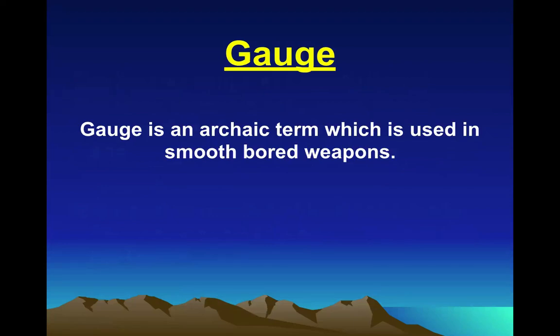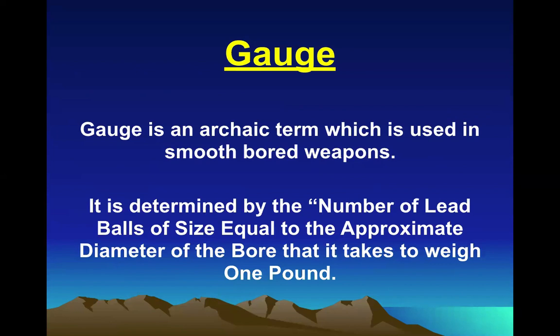Now the gauge. Gauge is an archaic term which is used in smoothbore weapons, and it is determined by the number of lead balls of the size equal to the approximate diameter of the bore that it takes to weigh 1 pound.